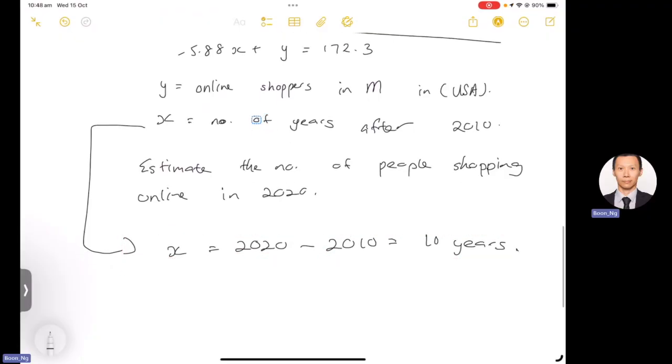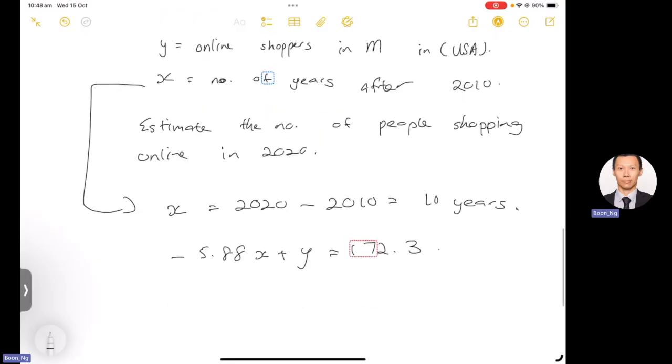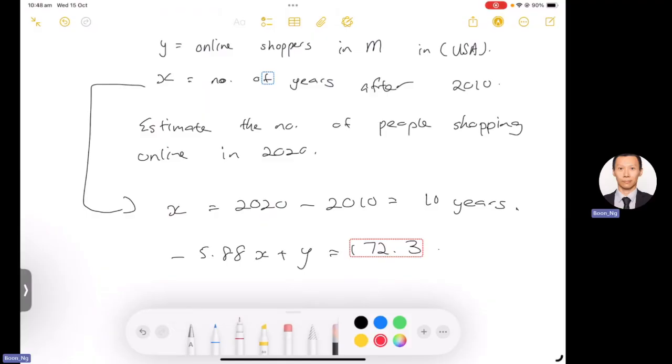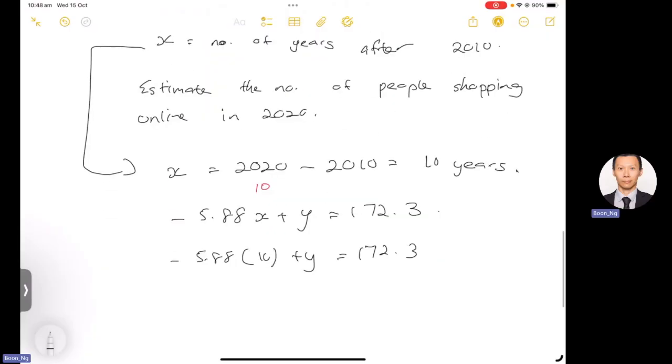So what we have to do is basically use this equation, negative 5.88x plus y equal 172.3. We replace x by 10. So let's work it out. Minus 5.88 times 10 plus y equal 172.3. y equals 172.3 plus 58.8.